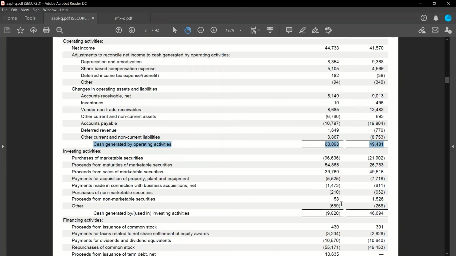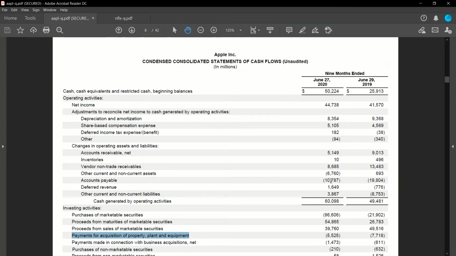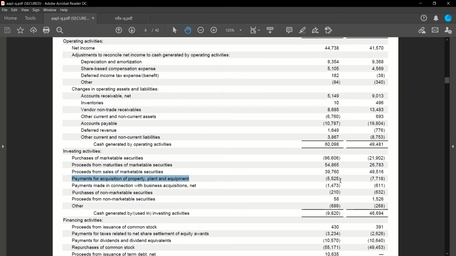And then we can find in the investing activities, where is it here? Payments for acquisitions of property, plant, and equipment. This is denoted in millions, so $5,525,000,000.